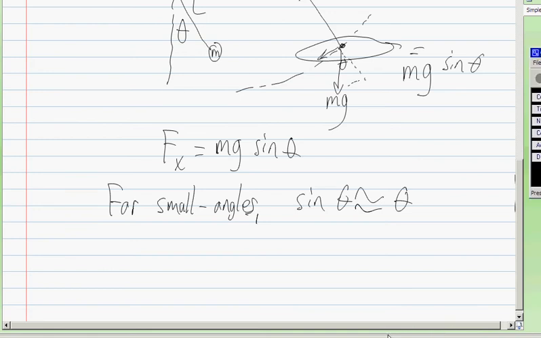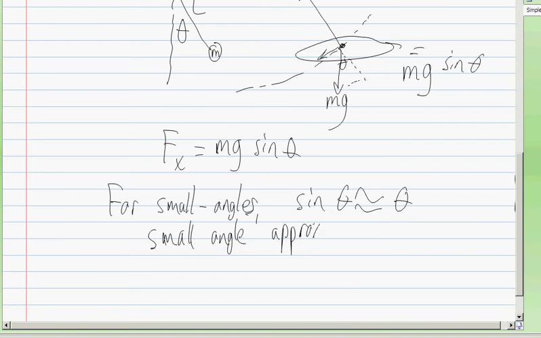You should be able to get that to work. They call it the small angle approximation. And actually, if you want to be technical, it's also about the same as tangent of theta.